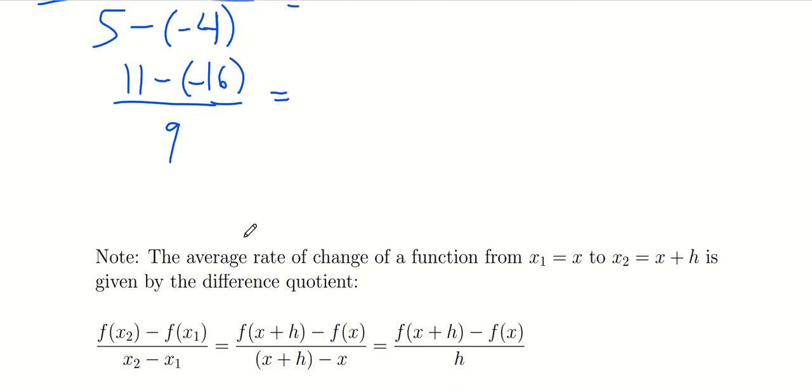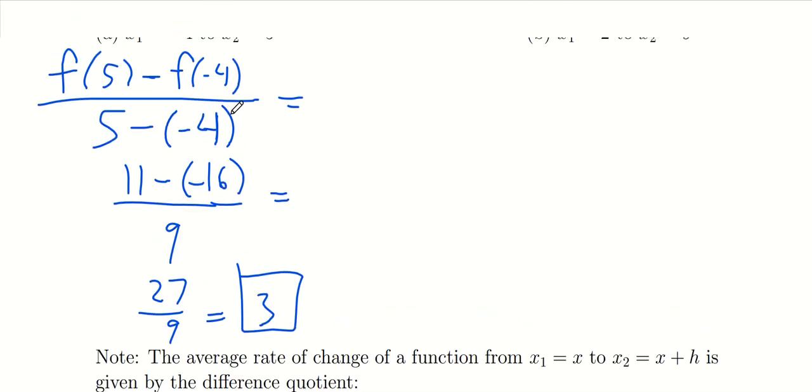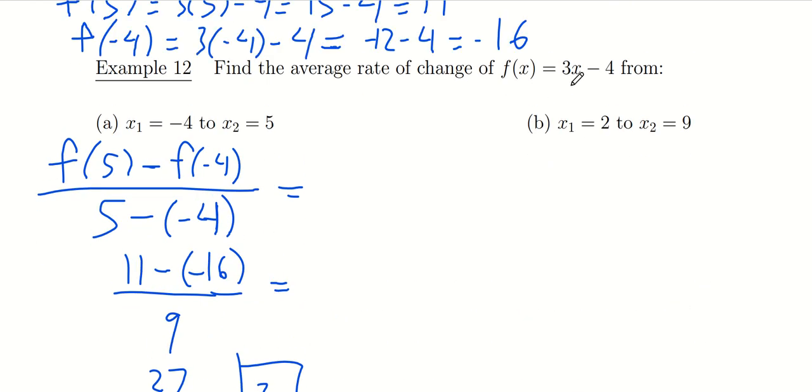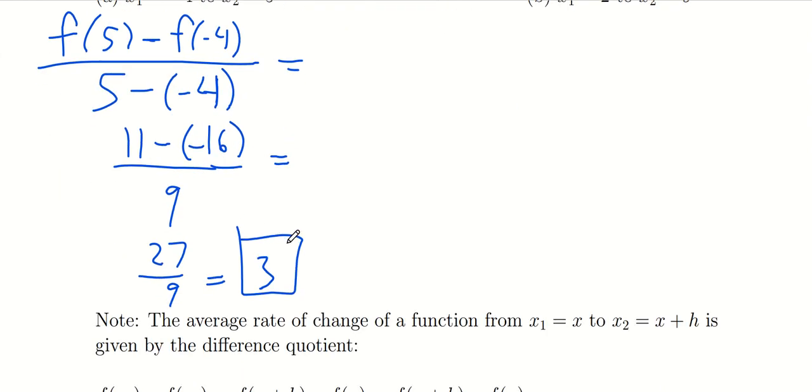To finish it off, 11 minus a minus 16 is the same thing as 11 plus 16, which is going to be 27 over 9, and 27 divided by 9 is 3. So the average rate of change of the function 3x minus 4 between negative 4 to 5 has an average rate of change of 3.